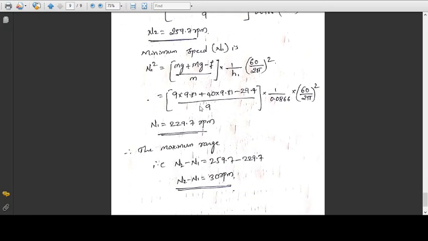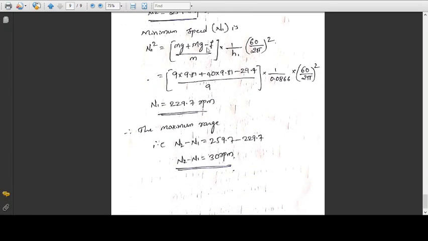Similarly, for the minimum speed, the only difference is you are considering the negative sign. So N1 square equal to, and after substituting all these known values, we get N1 as 229.7 rpm. Therefore the range of speed is given by N2 minus N1, which is 30 rpm.